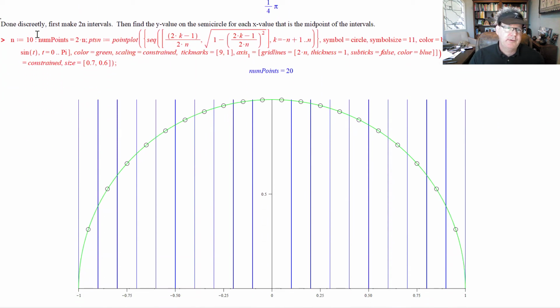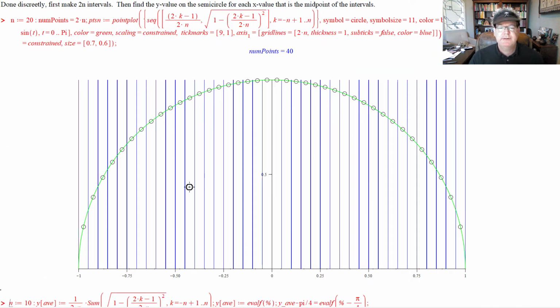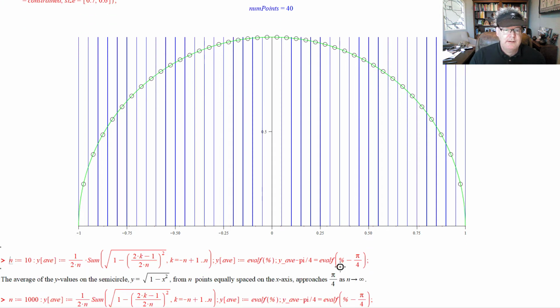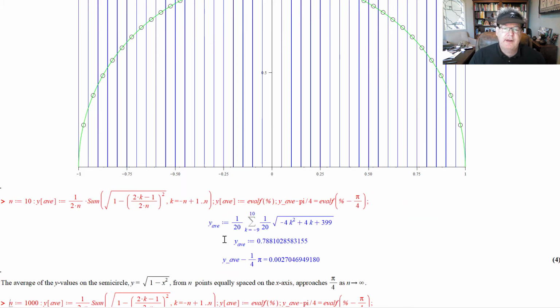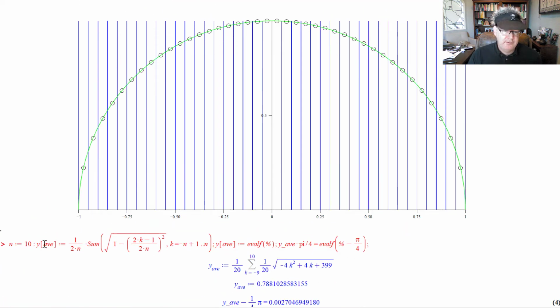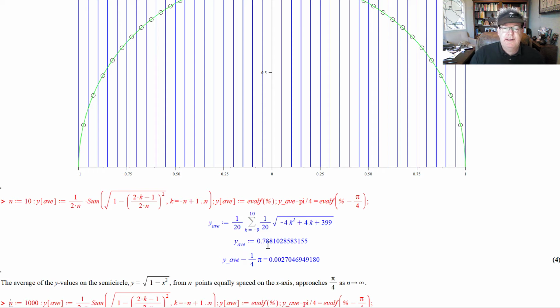Like, I'll double the number of points here. So this is the number in the first quadrant, so there'll be 20 in the first quadrant, but 40 total. So if I take 40 points equally spaced, average them. Well, let's see. So here is if I average the 20 y values, I get 0.788, which is very close to pi over 4. In fact, it's 0.002 away.